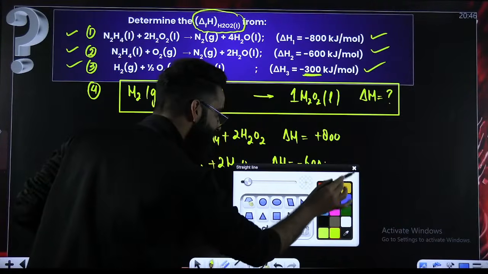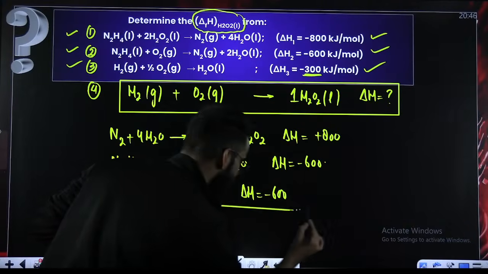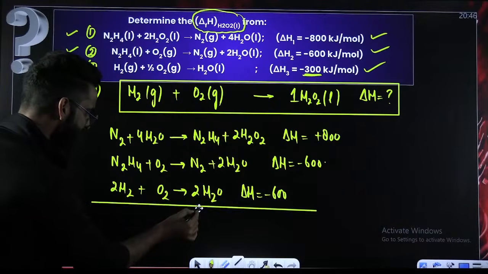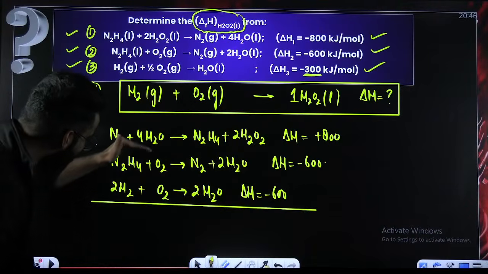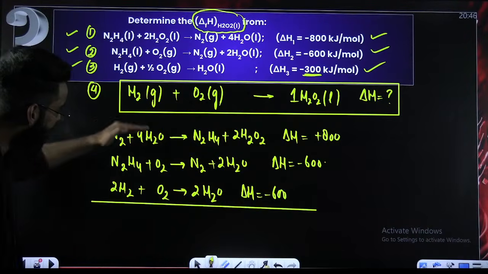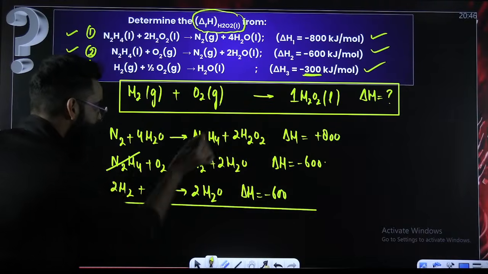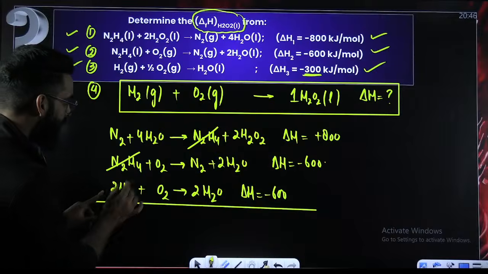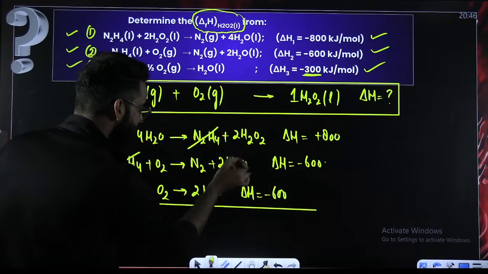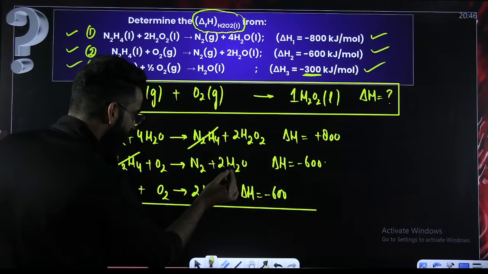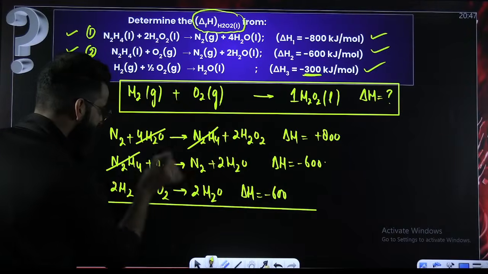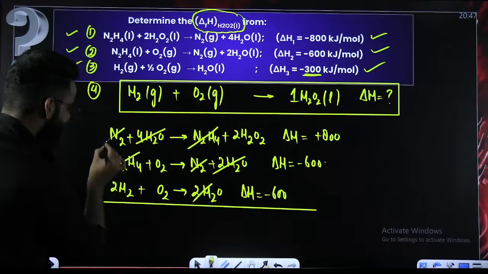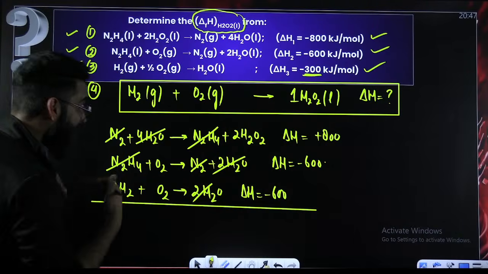Now, my dear students, look at these three equations carefully. If I add these three reactions, N2H4 cancels, right? 2 times water, 2 times water, 2 times water makes it 4 times water, and that 4 times water cancels with the other 4 times water. N2 is cancelled too. So what am I left with?